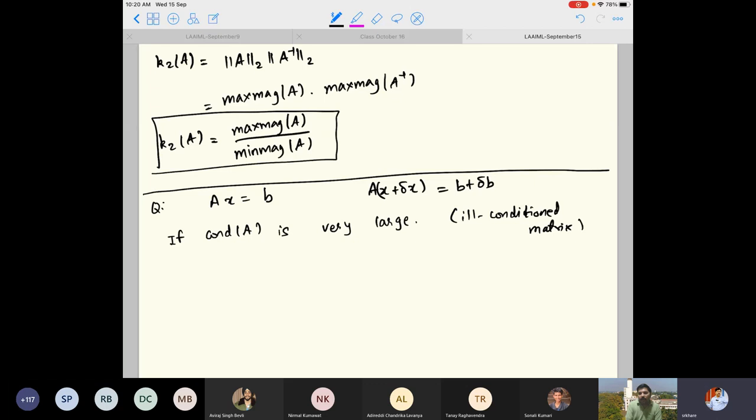And you see, I had asked you, if this delta b by b is small, because the condition number of A is large, delta x by x, this relative error in x, may be small, may be large. Correct?